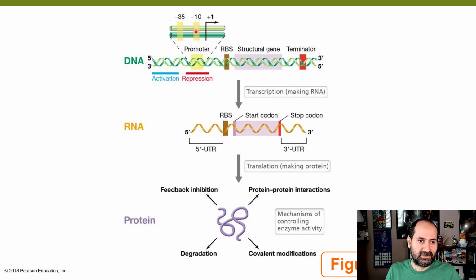That means gene sequences that are conserved in evolution, and these sequences are recognized by the RNA polymerase. RNA polymerase will bind to the promoter because of the -10 and -35 sequences. Now, look where it says repression.